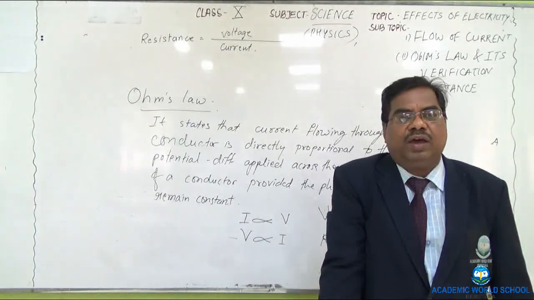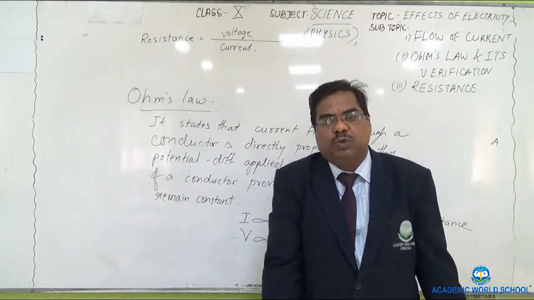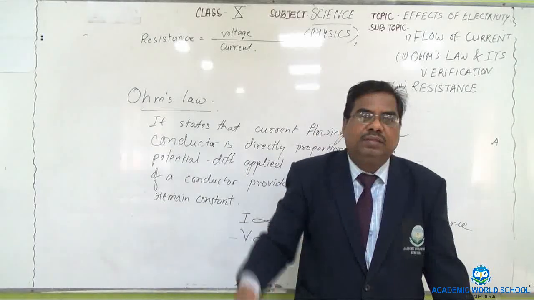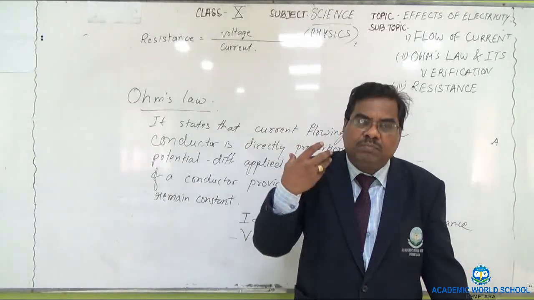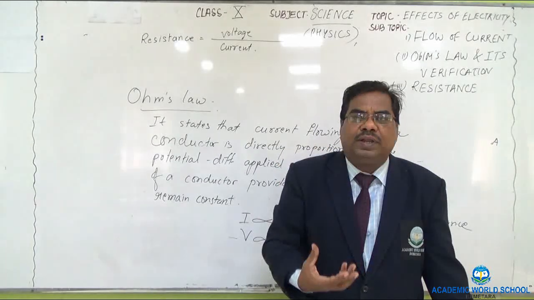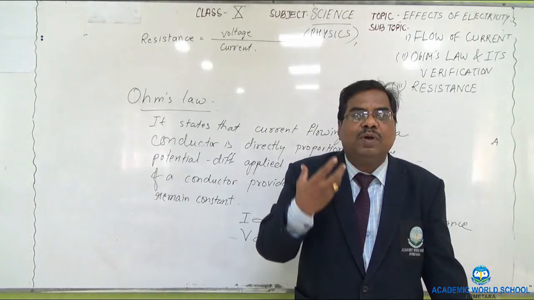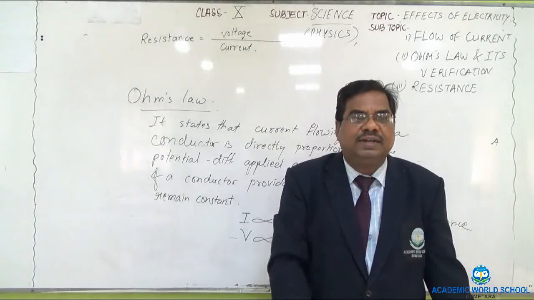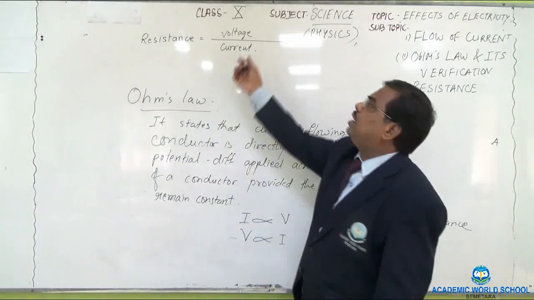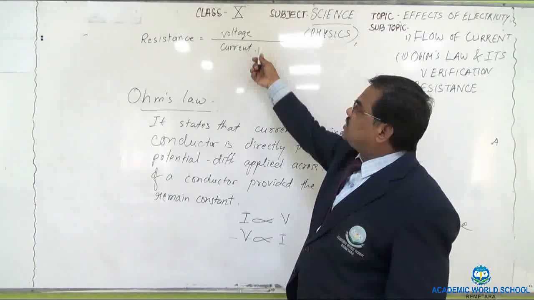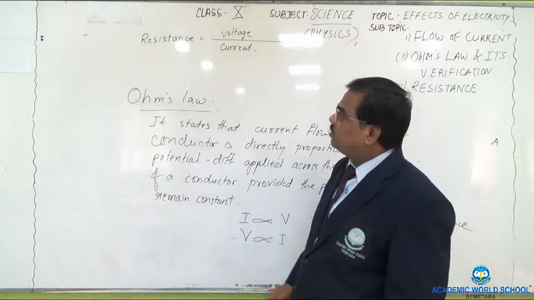Any conducting wire, when current flows through it, then the material, due to its own property, creates some hindrance, and that hindrance is known as resistance, and it is given by the ratio of voltage and current.